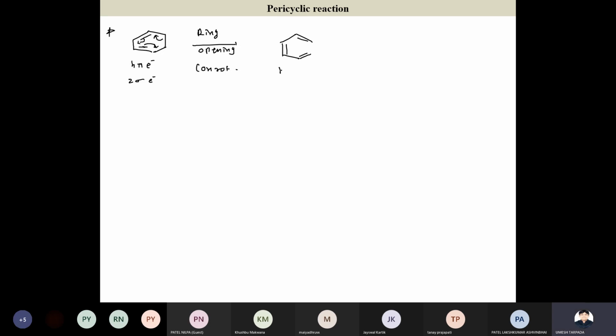You are getting hexatriene, a 6 pi electron system. Now which motion are you talking about? Conrotatory. So which symmetry is applied? C2. One sigma bond is there, so you can have 2 orbitals, sigma 1 and sigma star. Another system is the butadiene system.